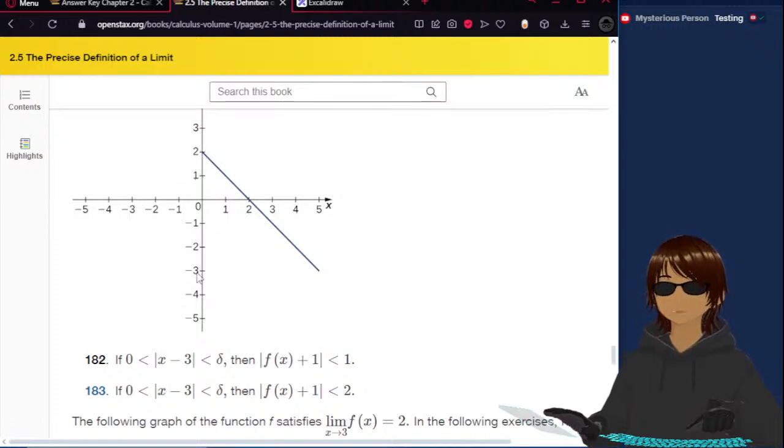So the x should be between 3 minus 1.5, which should be 1.5.